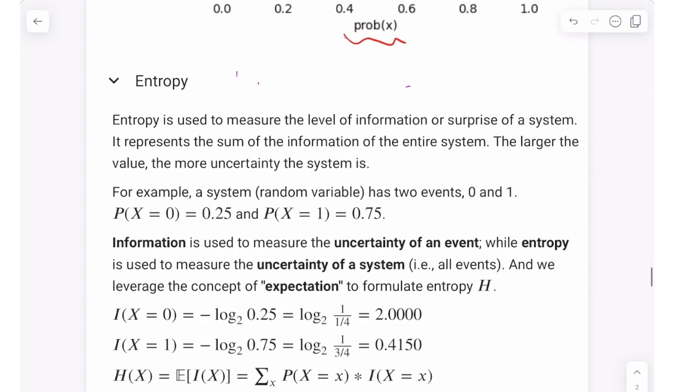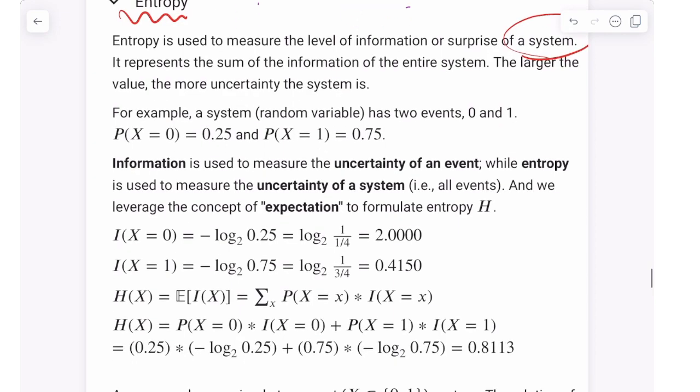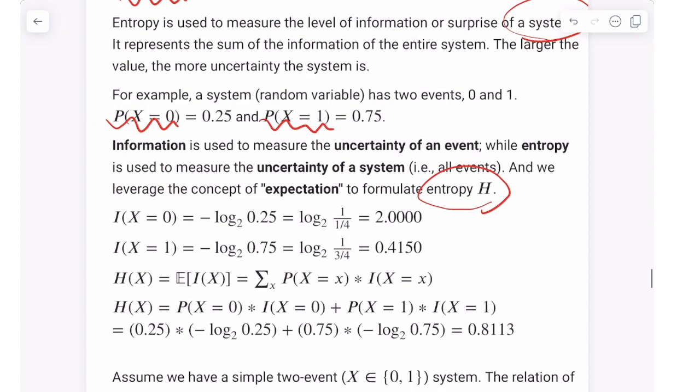The next concept is entropy. Information is for single events, but entropy is for an entire system. For example, if we have 2 events in a system, how do we evaluate the uncertainty of this system? We use entropy, which is big H. Here again we have 2 events, x equals 1 or 0, and the information values are 2.0 and 0.415.